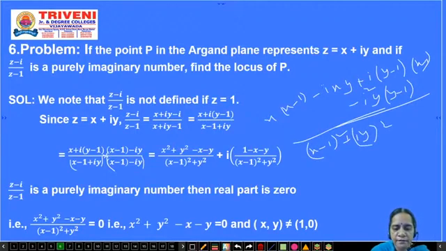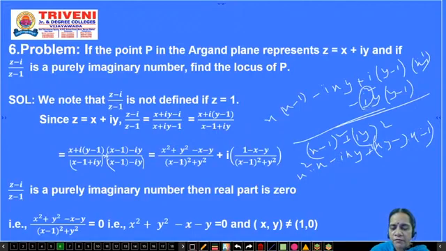X into x, x square minus x minus ixy plus i into y minus 1 into x minus 1, y minus 1 into x minus 1, that is equal to i into xy minus y minus x minus 1 i square.